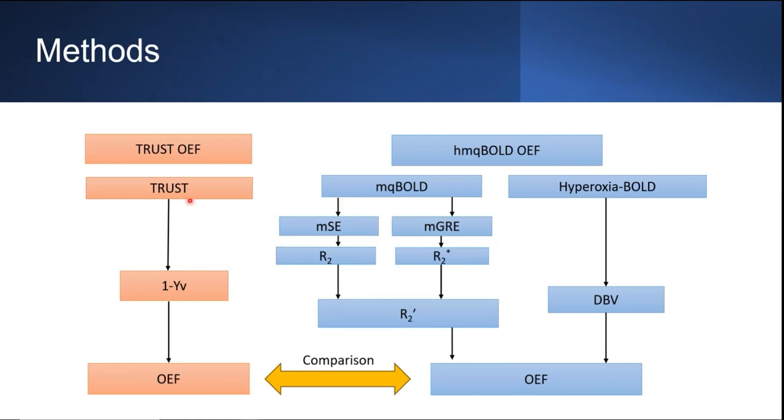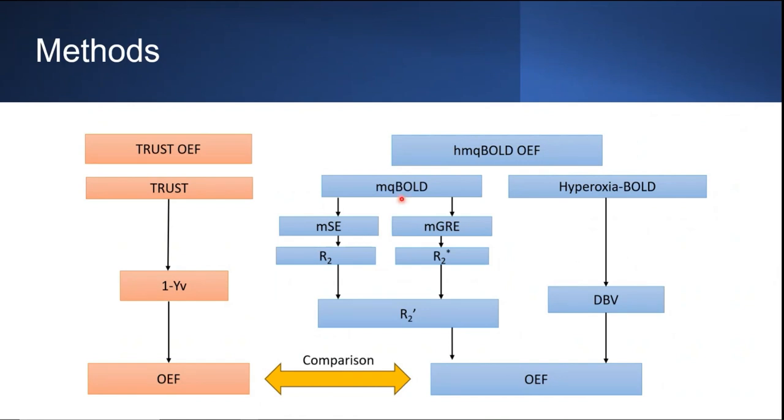In terms of analysis, for the TRUST OEF we're using a local script, but based on calibration from Pando Liu, in order to estimate the oxygen extraction fraction, assuming 100% saturation of the arterial blood. On the HM qBOLD, the hyperoxia multiparametric qBOLD side, we've got these parallel tracks of hyperoxia BOLD analysed using FSL FEAT to get the percentage change in BOLD signal, and then using this heuristic model to convert that into a percentage blood volume.